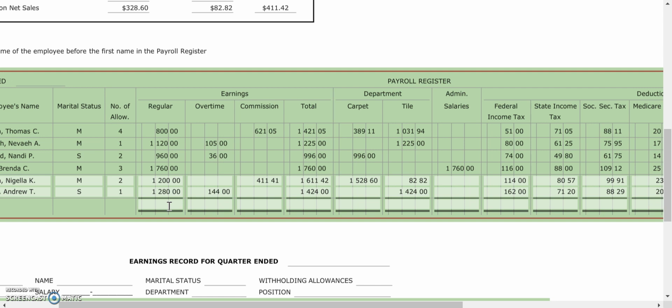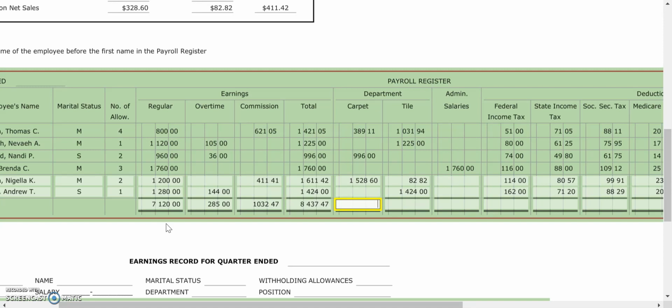what the total is. So our regular amount when we total all of these turns out to be $7,120. Our overtime is $285. Our commission is $1,032.47. And our total earnings, or the amount our employees earned, I should say, was $8,437.47.